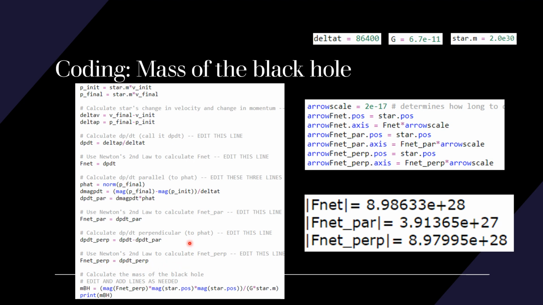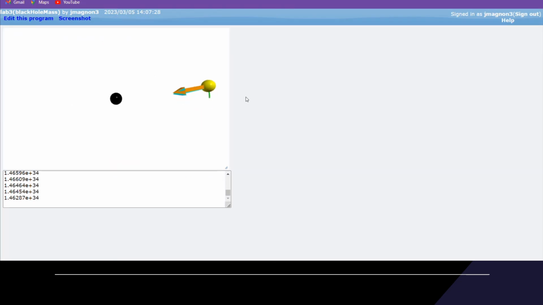Then to find the mass of the black hole, we simply use our equation that we found in the last part and plug in all of our variables, and that will give us our mass. And over here are shown some of the other lines of code and the net forces that we found. Alright, so this is what our star looks like as it orbits around the black hole.